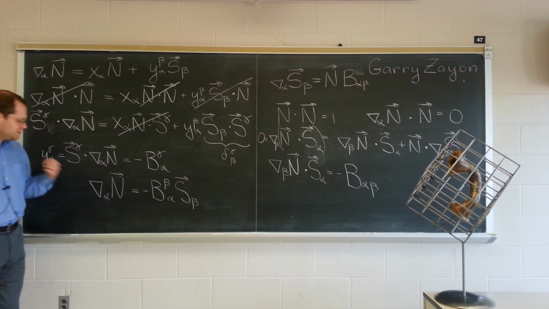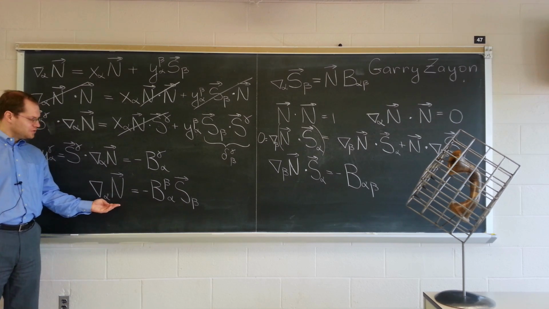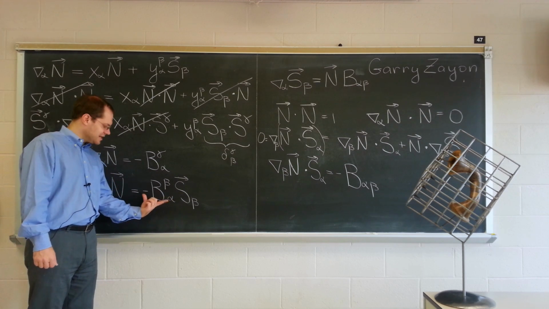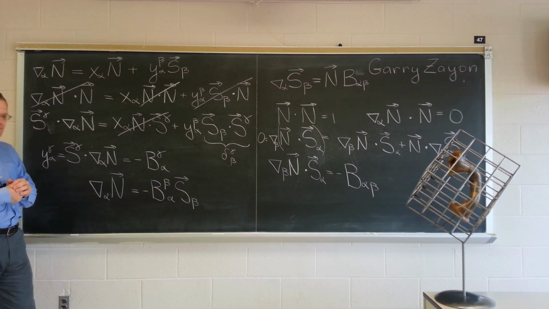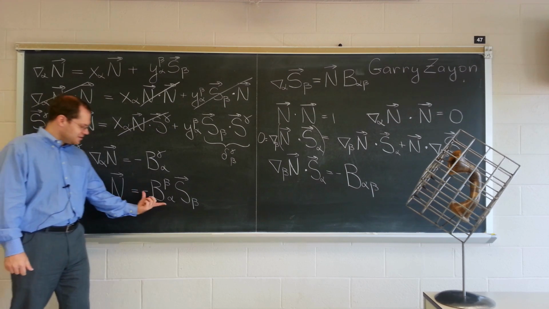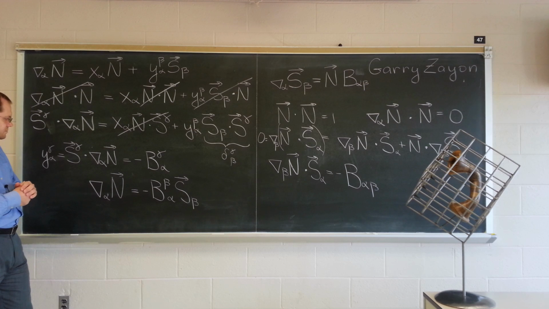So a beautiful formula that shows that the derivative of the normal lies in the tangent space and that the coefficients of proportionality are the entries of the curvature tensor. So you can almost say that the derivative of the normal is the curvature tensor.